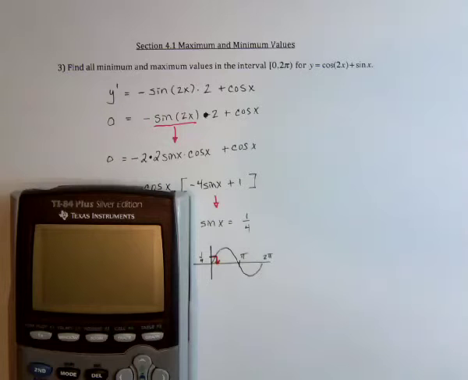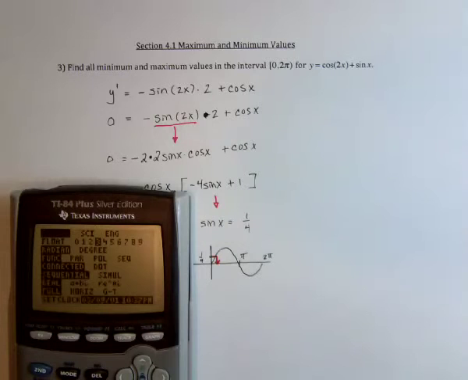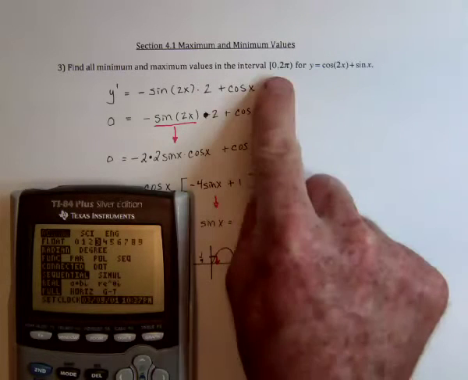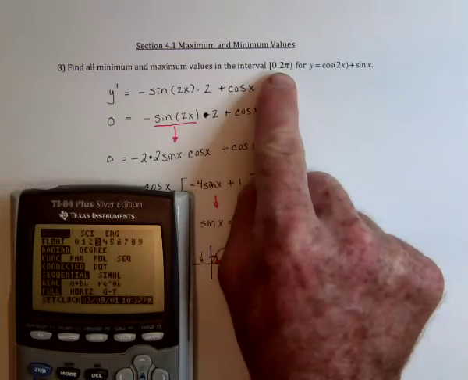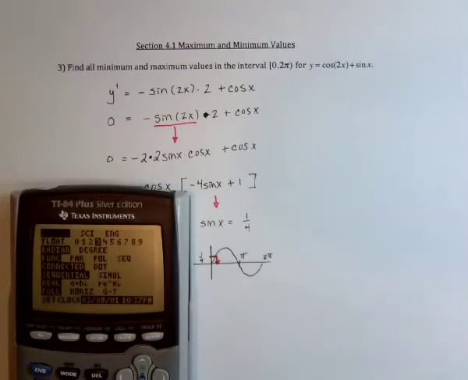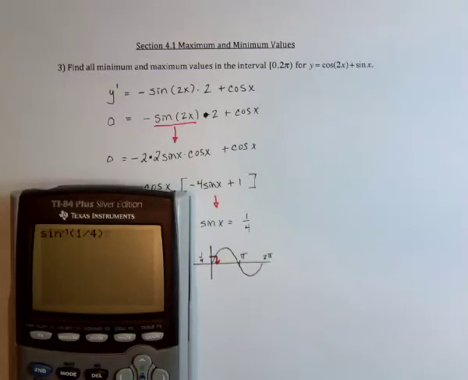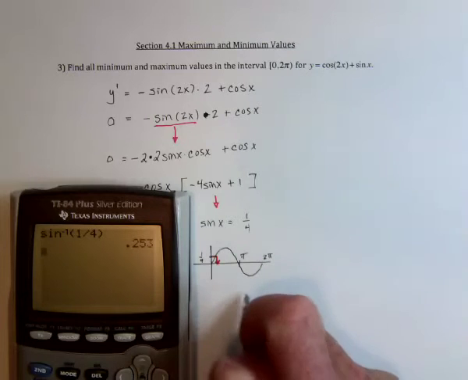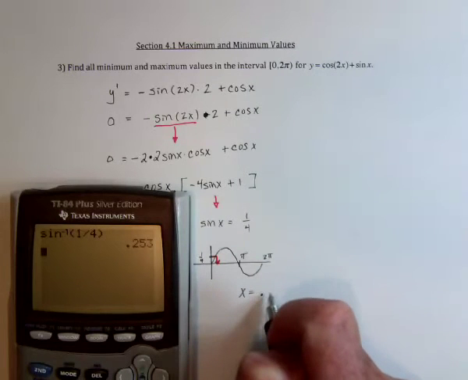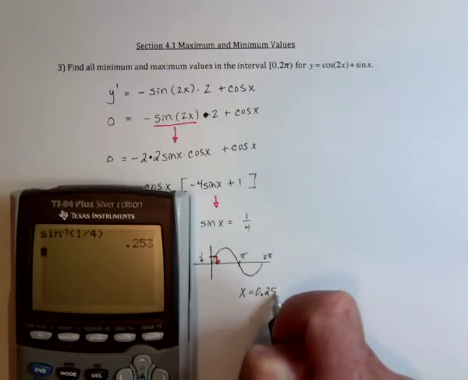Or in other words, take sine inverse of 1/4 and make sure that we're working in radians, because the directions right there say you should be working in radians. Okay, so in radians it's going to be that x equals 0.253.